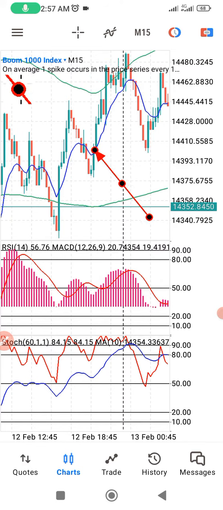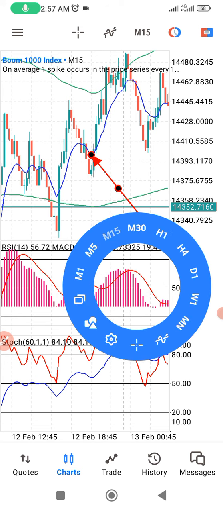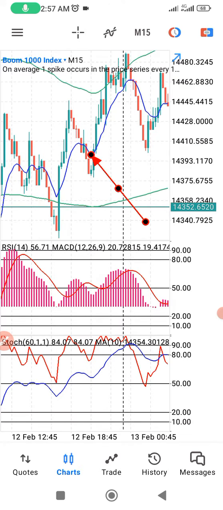So having said that, this is our moving average 10, moving average 10 exponential. Then we have our indicator window 1. On our indicator window 1, we have our histogram. This histogram we are seeing is that of the MACD. Okay, and this is the signal line of the MACD. Alright, and then we have our RSI 14. So this value you are seeing, 14 in bracket, is showing us the period of RSI.